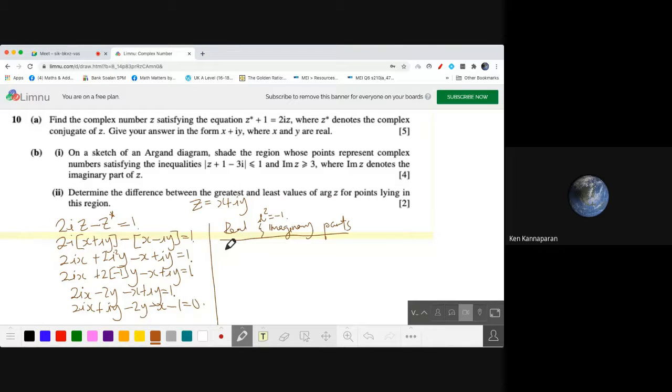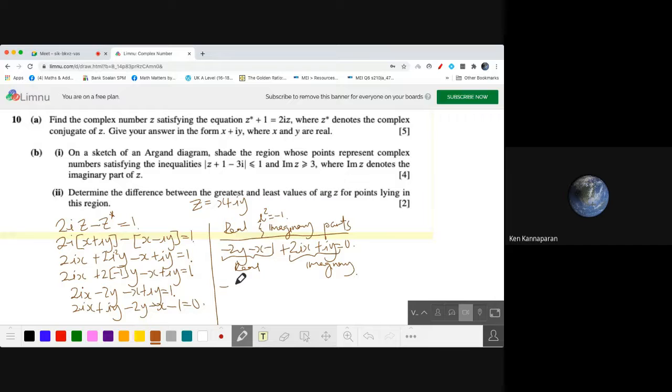Okay, now negative 2y minus x minus 1 plus 2ix and then plus iy equals 0. Now at this stage, on the left, these will be real values and these will be imaginary values.